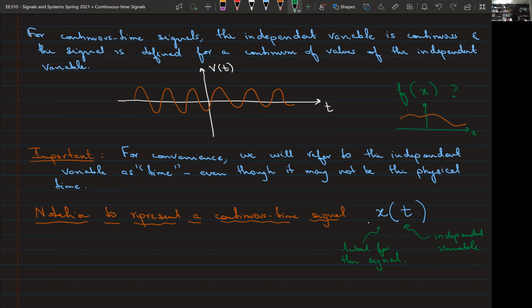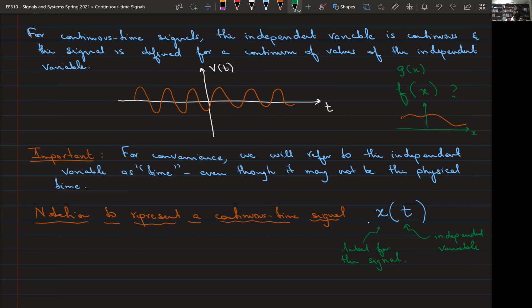Okay, and we're going to use these parentheses. These parentheses represent that it is a function of t. Just like f of x, you could maybe have g of x as well, where g is another function, not the f function. So g and f are labels, or names, of that function.